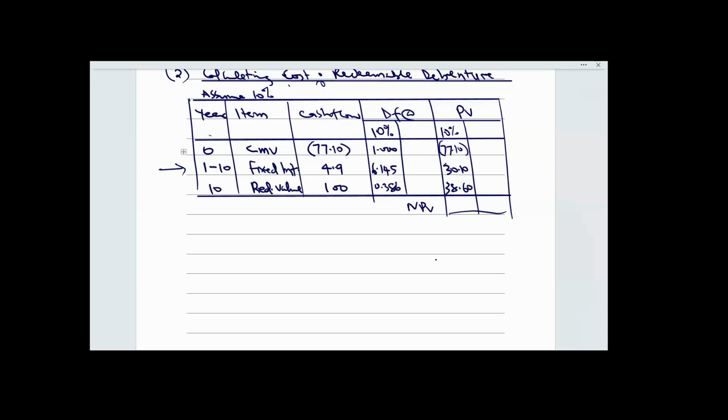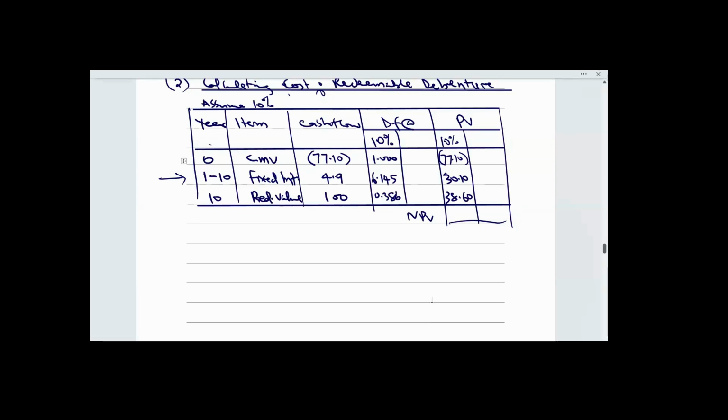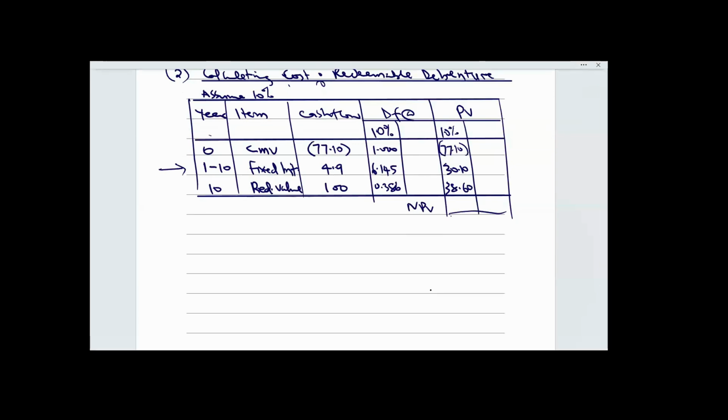38.60 plus 30.10 is 68.7, minus 77.1. What do we have? Minus 8.4, right?